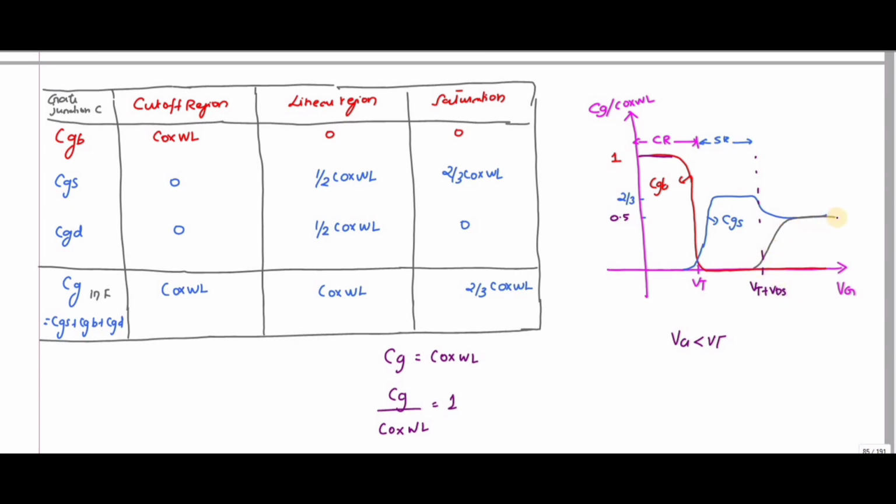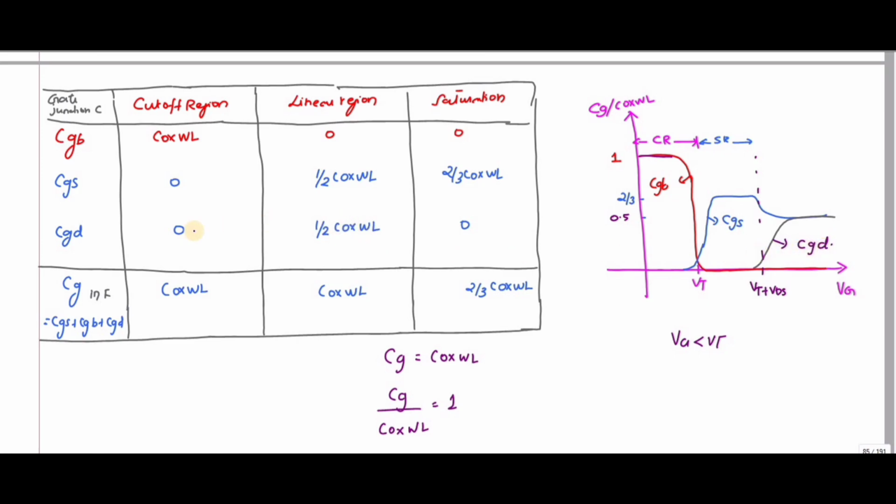So this black line represents the linear region. This one represents CGD.